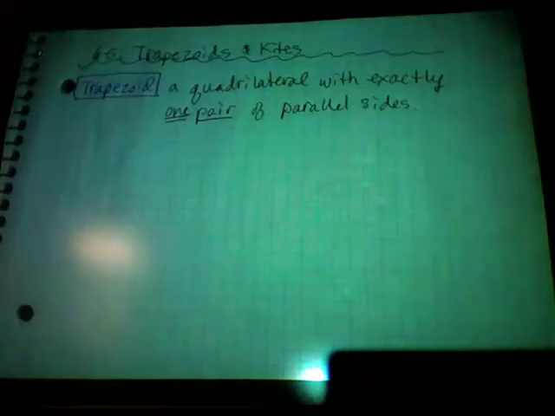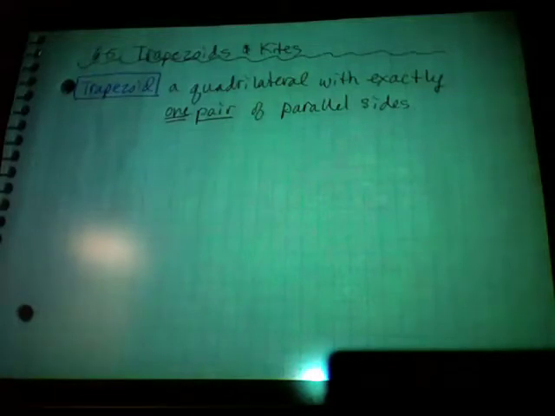So a parallelogram has two pairs of parallel sides, where a trapezoid has just one. That's what makes it different. So a rectangle, a square, and a rhombus could never be a trapezoid. And a trapezoid could never be a parallelogram, and therefore not a rectangle, a square, or a rhombus.